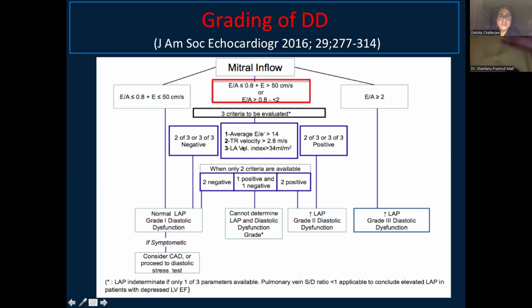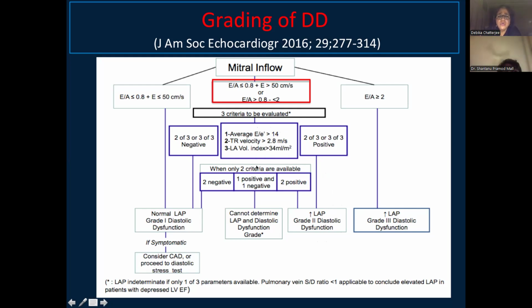Out of these 3, if 2 or 3 are negative, then you can straight away tell that it is a grade 1 diastolic dysfunction. On the other hand, if 2 or 3 are positive, then you say it is a grade 2 diastolic dysfunction. But suppose the patient doesn't have any TR, you can't see TR.